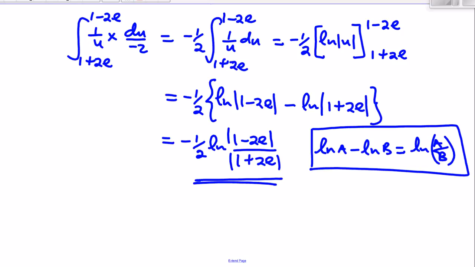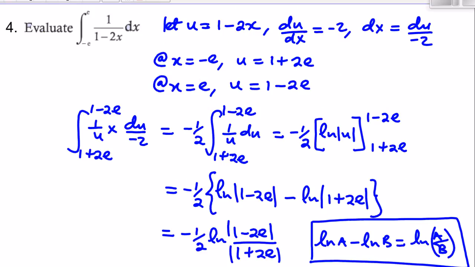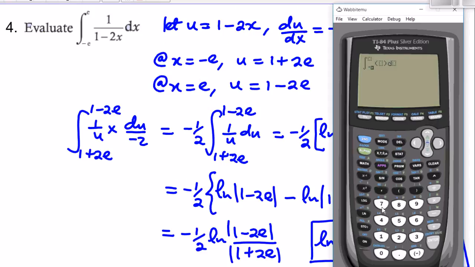Well, but let's try and check using our calculator if this answer makes sense. If you use your calculator to plug in the whole equation, same process, from the lower limit in the original question: the lower limit is negative e, the upper limit is e.